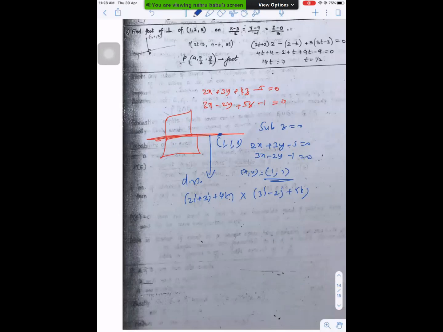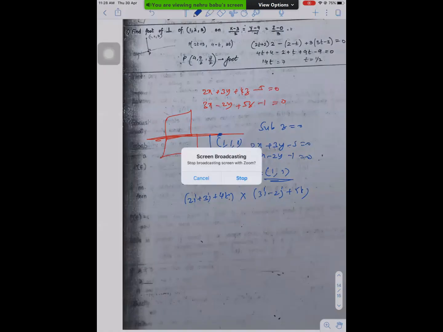Any other doubts you have in 3D? Sir, in the previous class you gave one matrices question, can you explain?